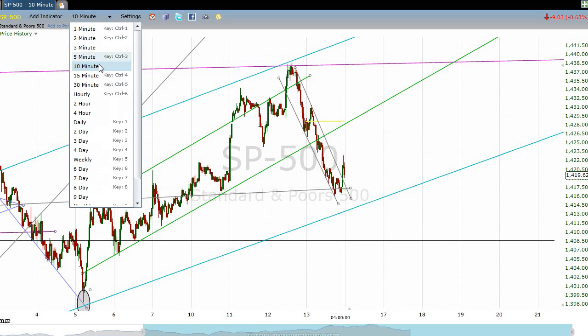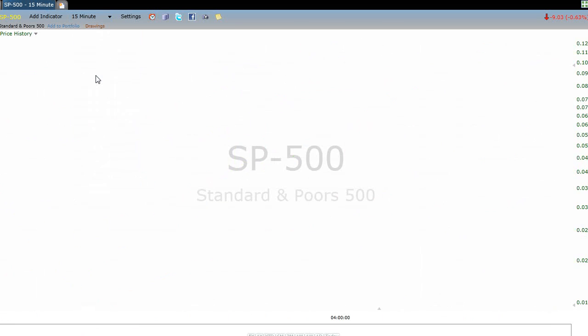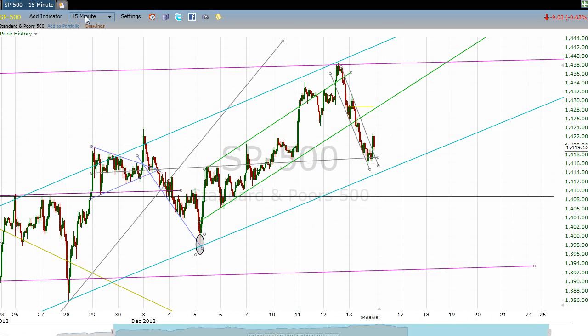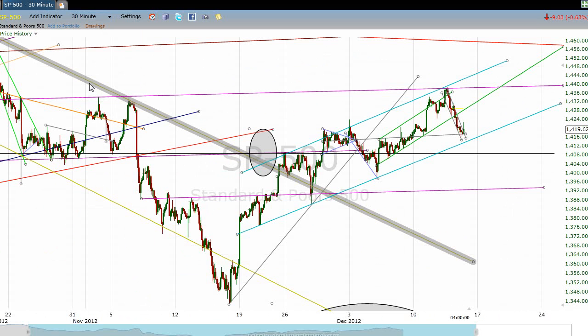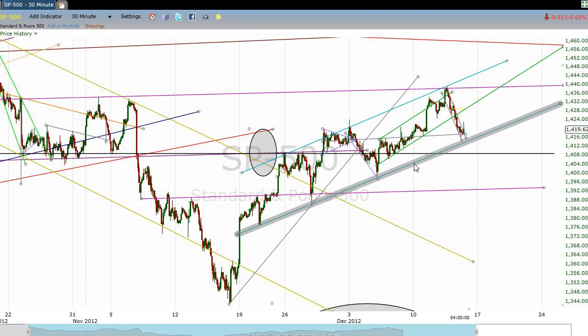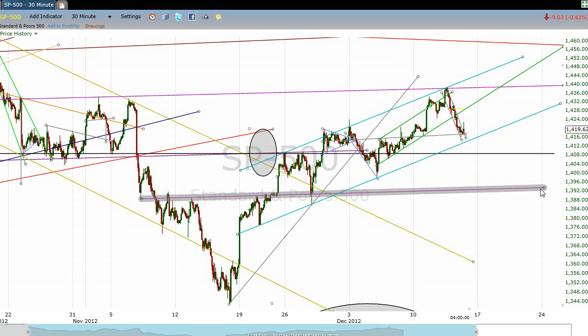Looking at things short term, let's just keep an eye on this broader channel that we just drew the lines on today. So if this breaks, then I think we're probably going to come back down and test that 1393, 1392 level.